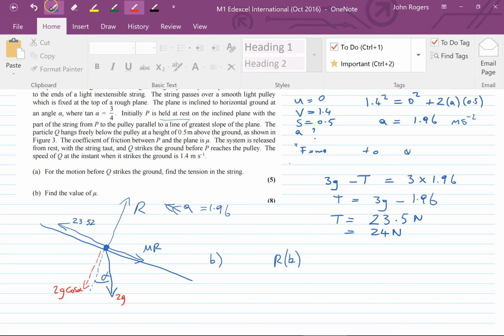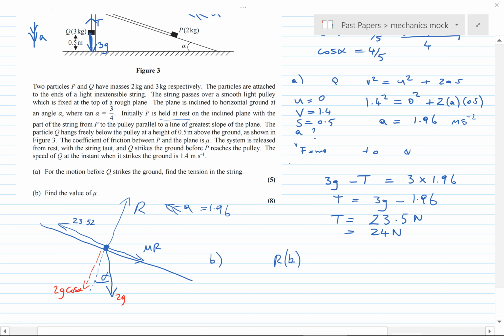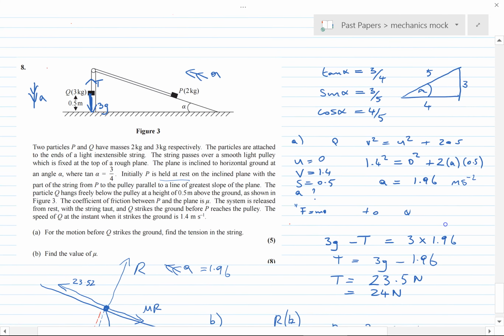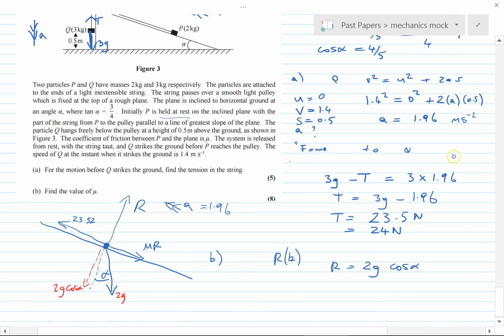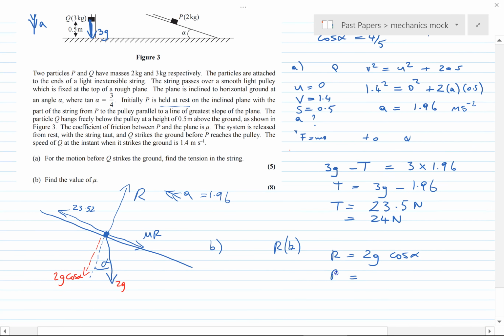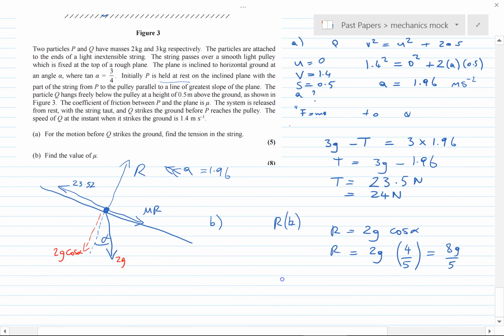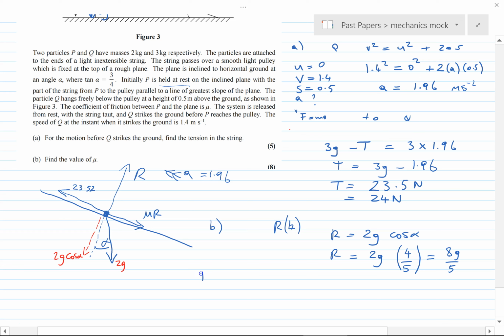Okay, so we can resolve perpendicularly and say that R equals 2g cos alpha, but we know that cos alpha is 4 over 5. So R is equal to 2g times 4 over 5, which is equal to 8g over 5. Okay, so now we can do the F equals ma on P.